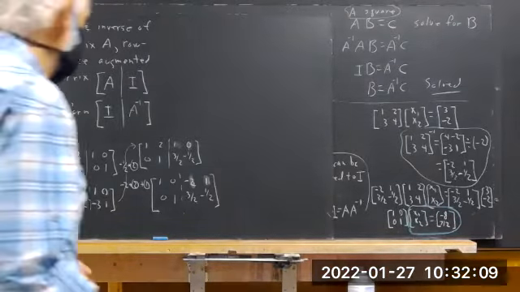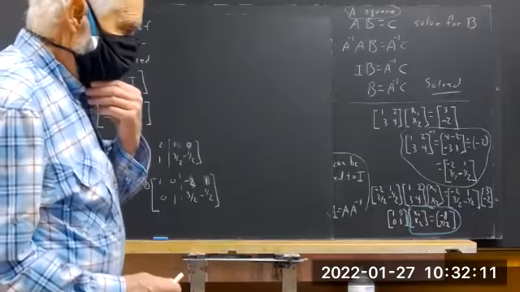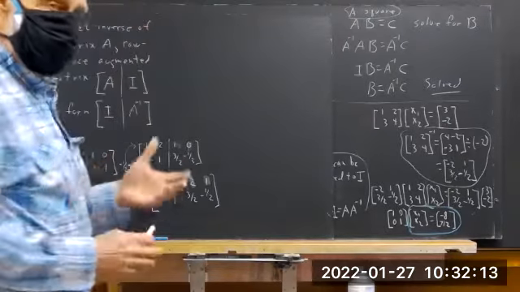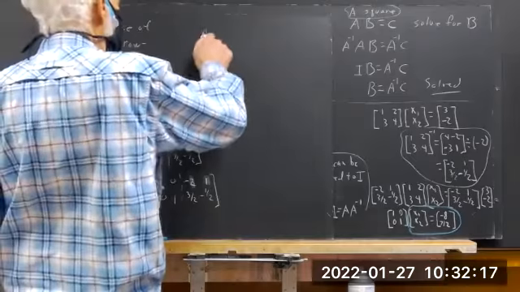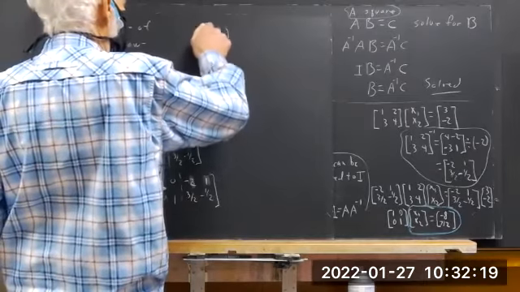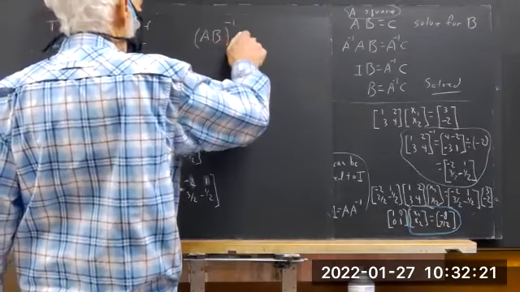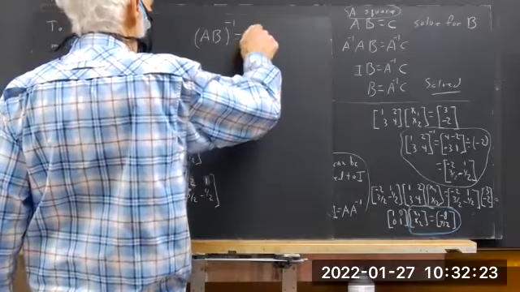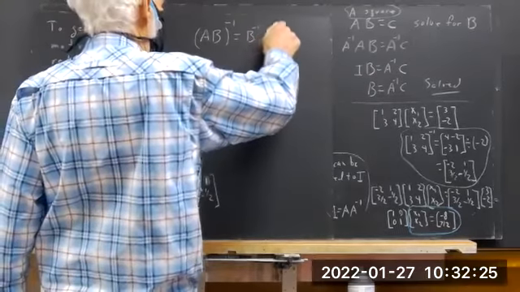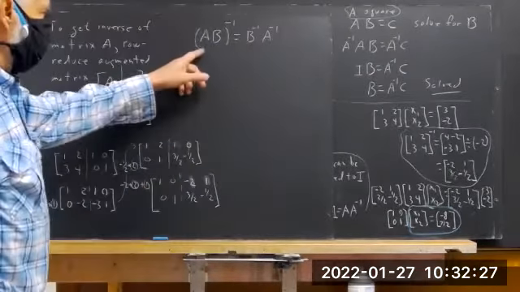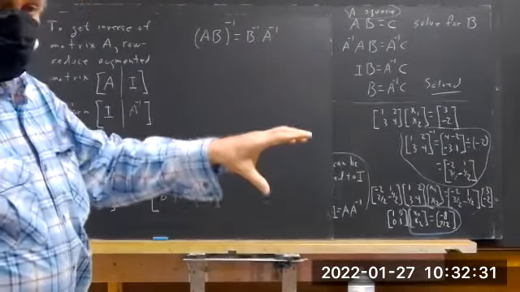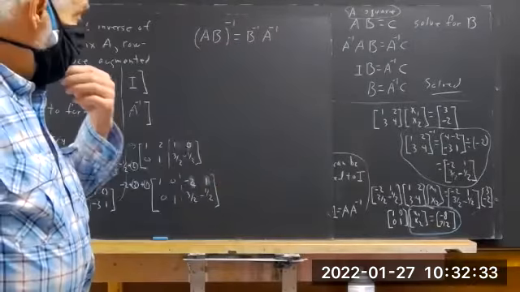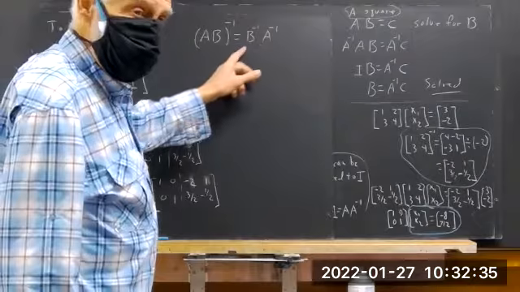Okay, another kind of thing that isn't like numbers. If you take the inverse of a product of two matrices, it is the product of the inverses, but in the reverse order.